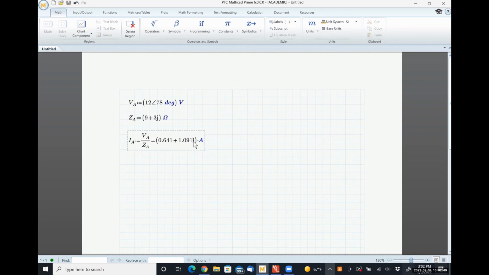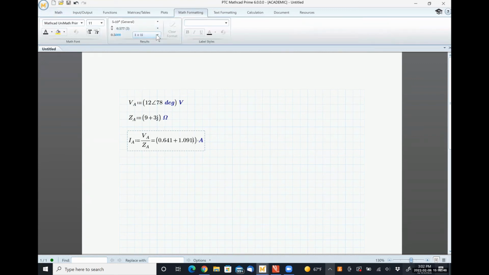Well, if we just mouse in this area and press the math formatting button down here on the bottom right, under the complex values menu, MathCAD gives us several options with which to display our complex numbers, okay? The first option is rectangular format with I as the imaginary operator. The second option is rectangular format with J as the imaginary operator.